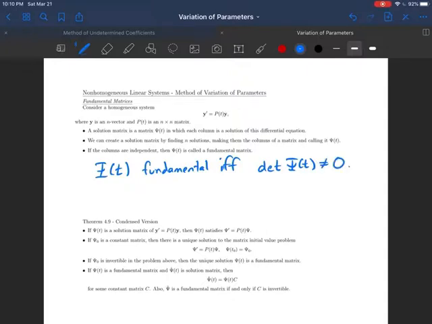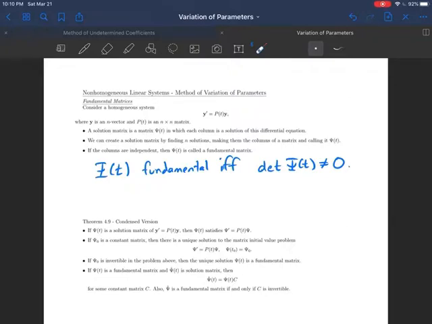And Abel's theorem, which we've talked about in the past, tells us that we only have to check this equation at any time t, because if this determinant is non-zero at a particular time t, then it will also be non-zero at all of the other times t for which the solutions are defined. So that's going to be our check. And of course, the determinant of the solution matrix is exactly the same as the Wronskian.